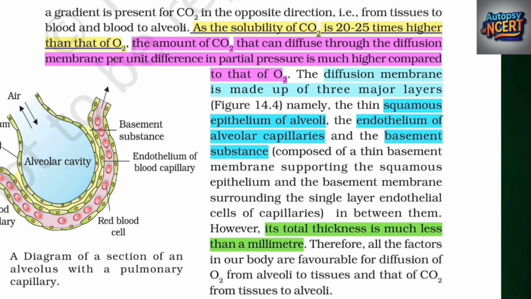The diffusion membrane is made up of three major layers, Figure 14.4, namely, the thin squamous epithelium of alveoli, the endothelium of alveolar capillaries and the basement substance, composed of a thin basement membrane supporting the squamous epithelium and the basement membrane surrounding the single-layer endothelial cells of capillaries, in between them. However, its total thickness is much less than a millimeter. Therefore, all the factors in our body are favorable for diffusion of O2 from alveoli to tissues and that of CO2 from tissues to alveoli.